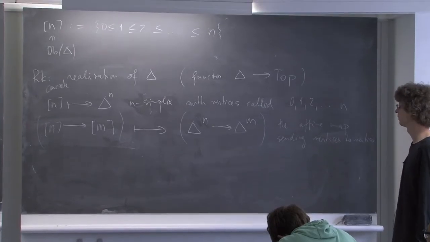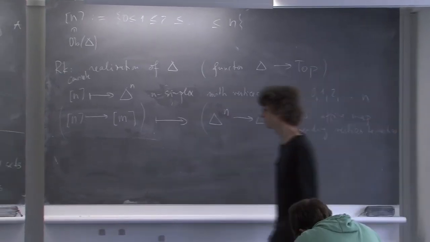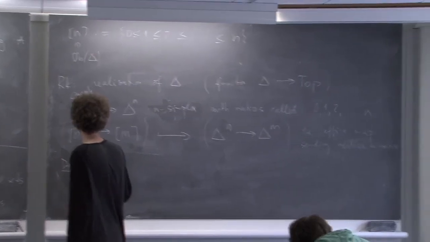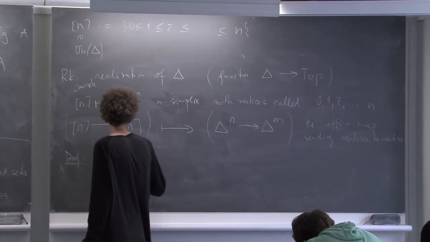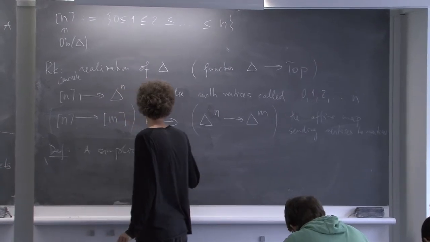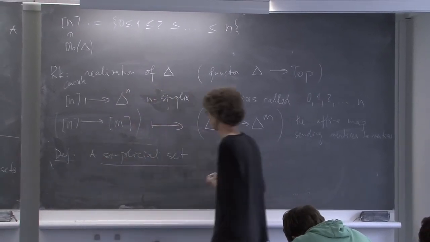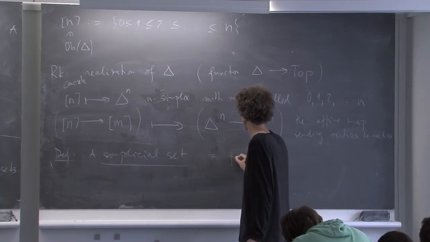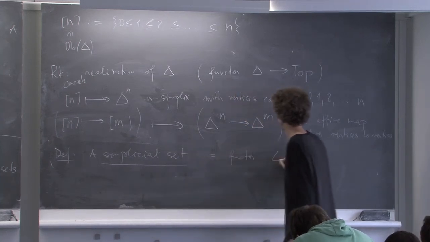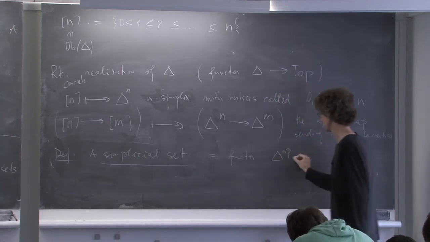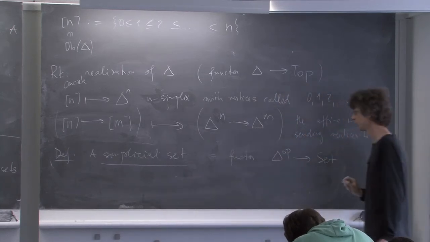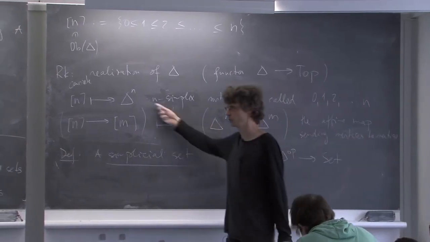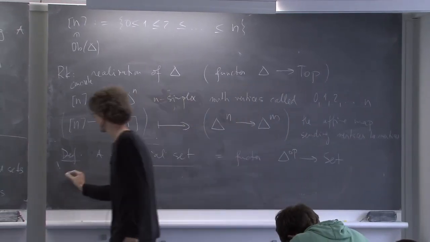Anything else? Probably not. Now, what is a simplicial set? A simplicial set is the same as a contravariant functor going from delta to Set. And what would be the first topological example?